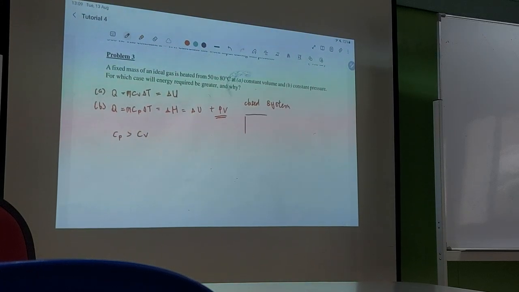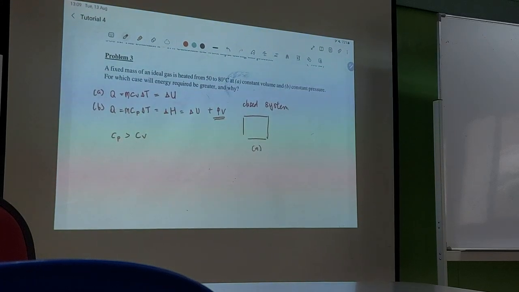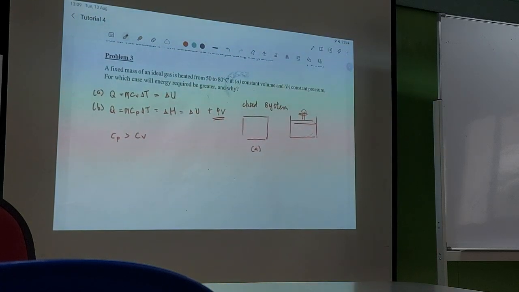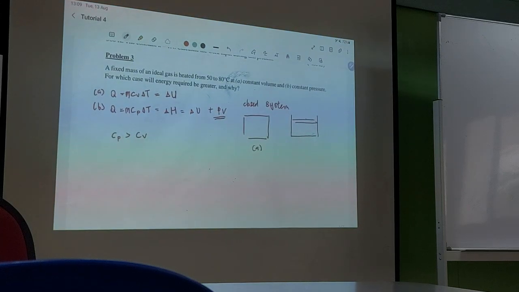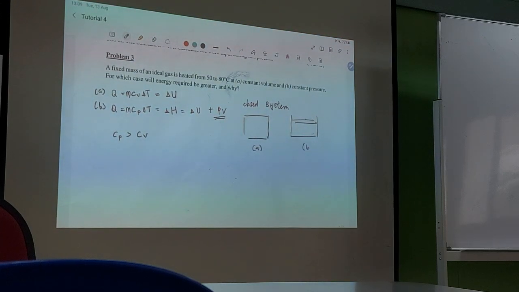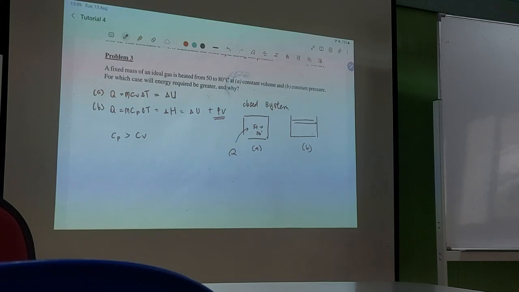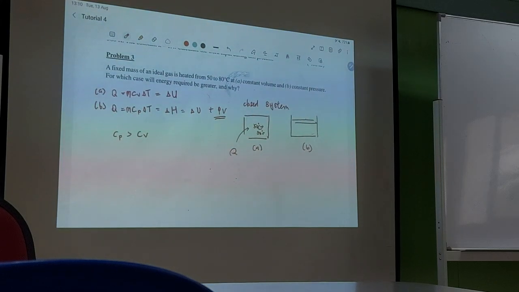Case A will be a rigid tank, while case B, under constant pressure, will be a piston cylinder device. So in case A, if you are providing heat to heat it up from 50 to 80 degrees Celsius, all you are doing is basically heating it up, changing the temperature.